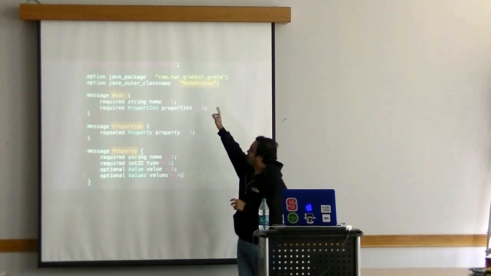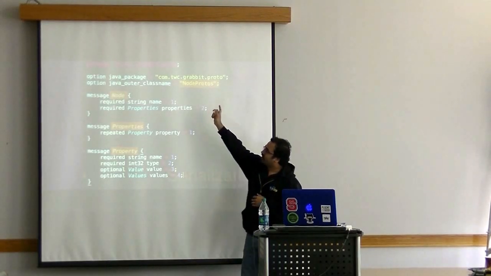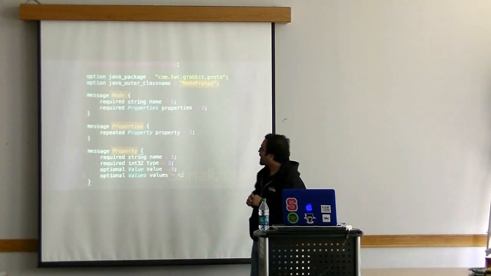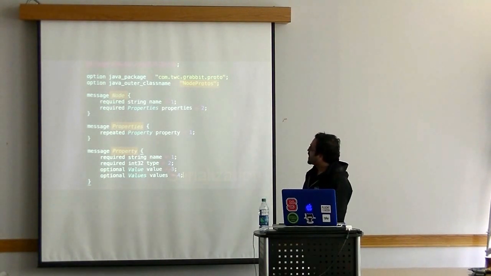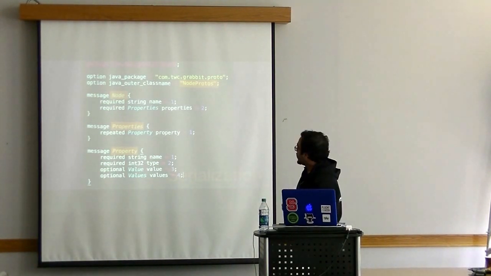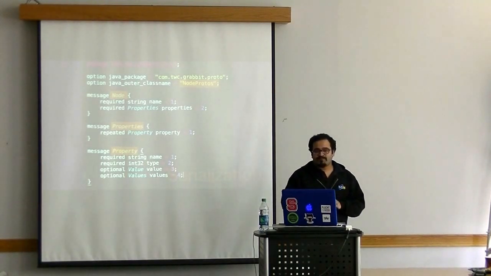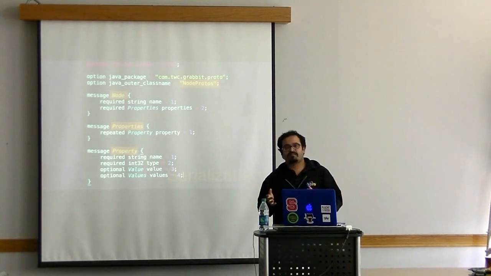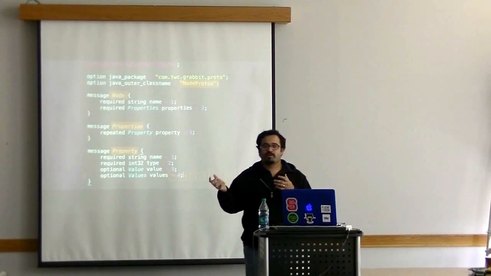Another interesting point: at the top, in the second line, you may see it says option java_package and option java_outer_classname equal to NodeProtos. What protocol buffer actually does is it comes with a compiler, protoc, the proto compiler is what they call it.